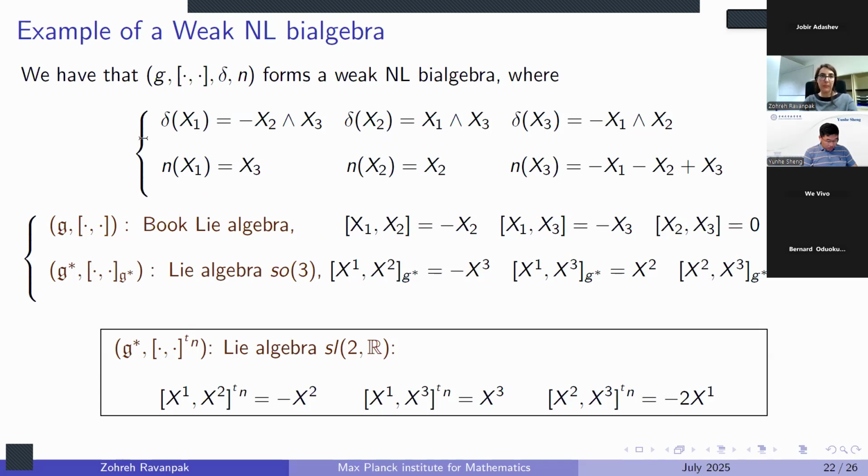I will explain it. The transpose of the cocycle defines a Lie algebra on G star, and that Lie algebra is just SO3.